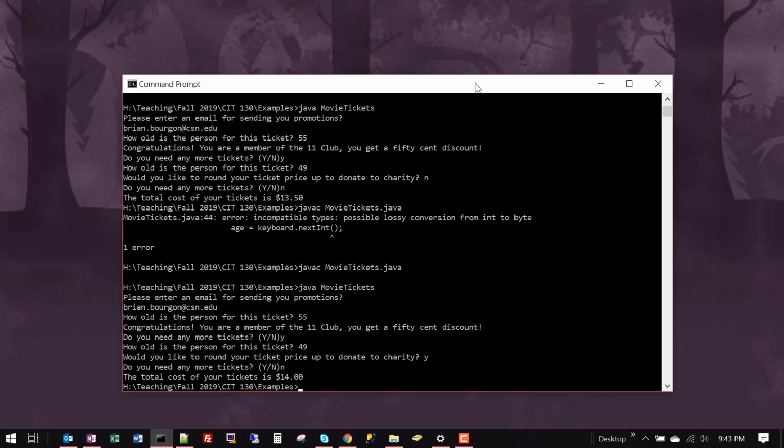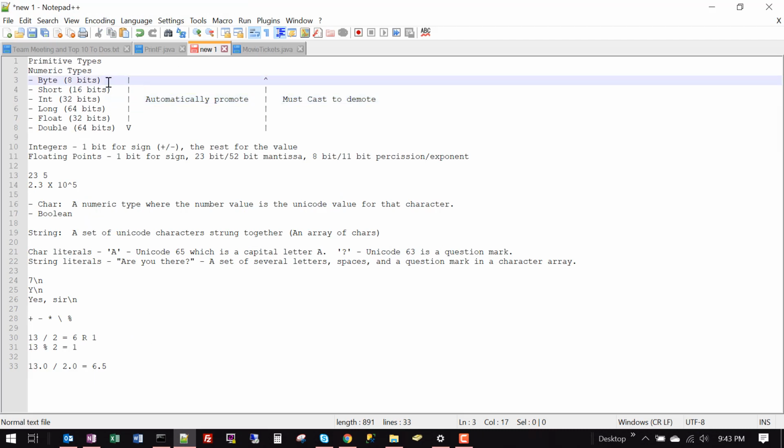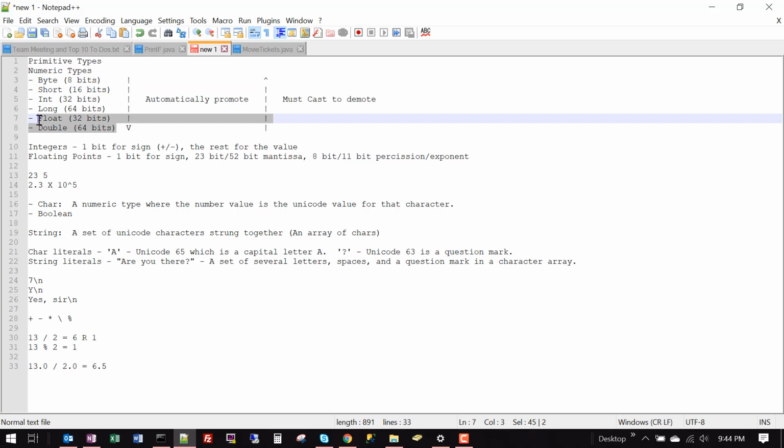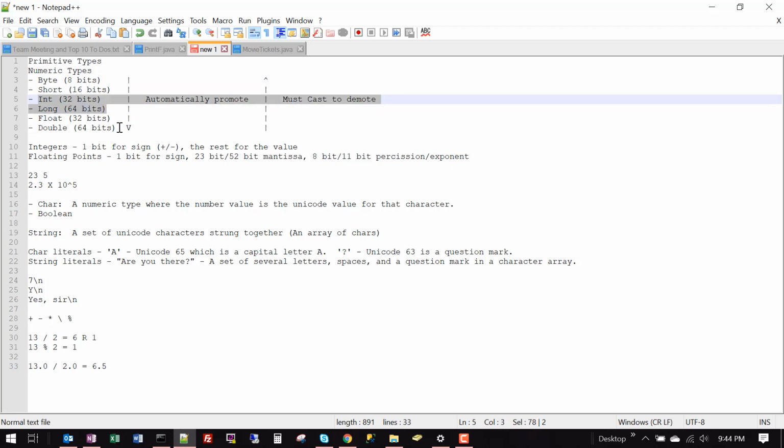So just in the notes, think of it as when I go this way, I'm essentially taking something from a small box and putting it into a bigger box. That always will work. The way this mantissa and exponent thing works allows these numbers to be much bigger than these numbers.